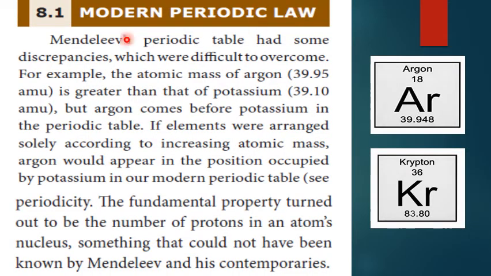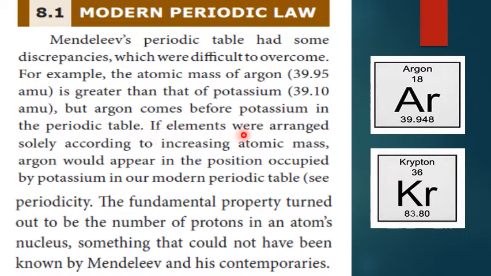Modern periodic law. Mendeleev's periodic table had some discrepancies which were difficult to overcome. For example, the atomic mass of argon, 39.95 AMU (atomic mass unit), is greater than that of potassium, 39.10 AMU, but argon comes before potassium in the periodic table.